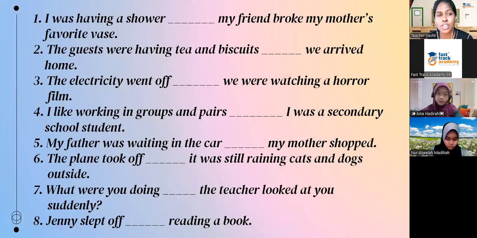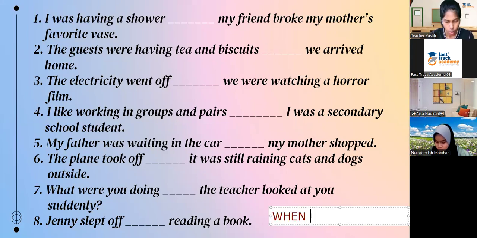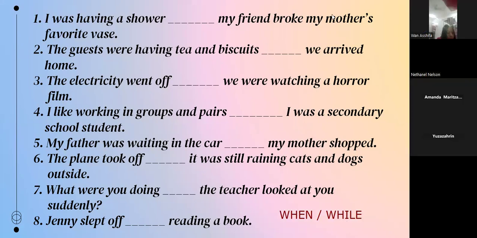You can write your answers for question number 1 to number 8. You have to fill in the blanks with the answers when or while. Guna perkataan when or while. So you read the sentences and then you can fill in the blanks with when or while. And then we will check your answers.